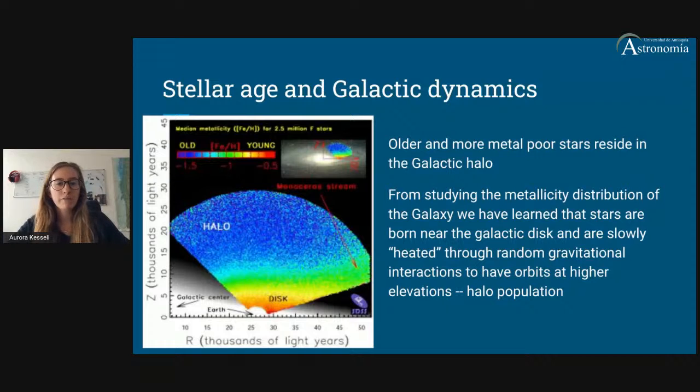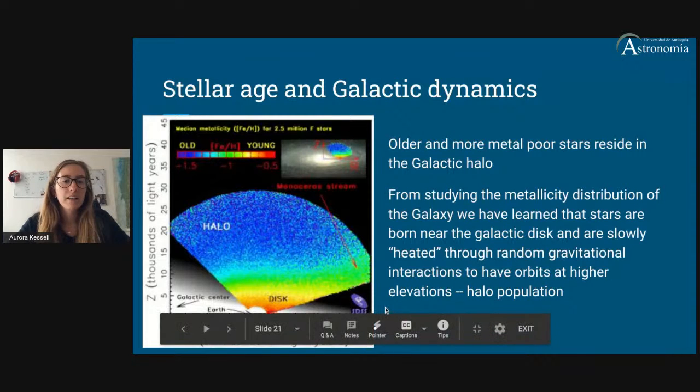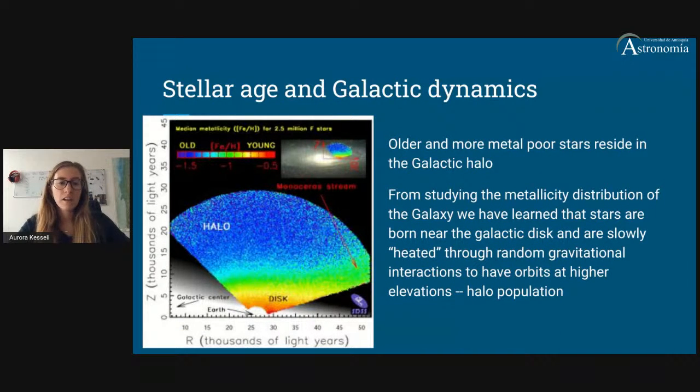So here's a plot from the Sloan Digital Sky Survey. And this is showing the different ages and metallicities of stars in the Milky Way. So at the bottom, you can see that in red, we have the disk. So this is the thick disk at the bottom.